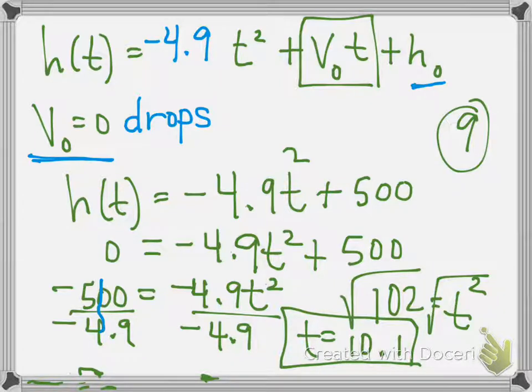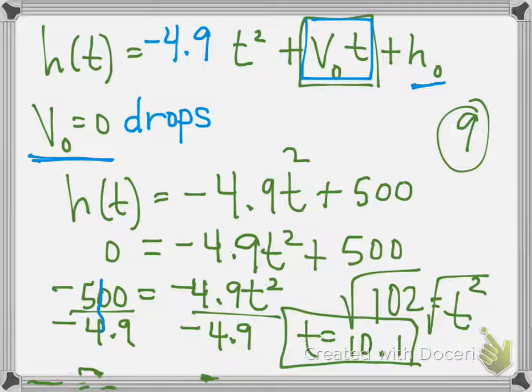So, because initial velocity is 0, this part of the problem goes away or becomes 0. So I just solved this problem by taking square roots. I subtract 500 from both sides. I divide by negative 4.9.